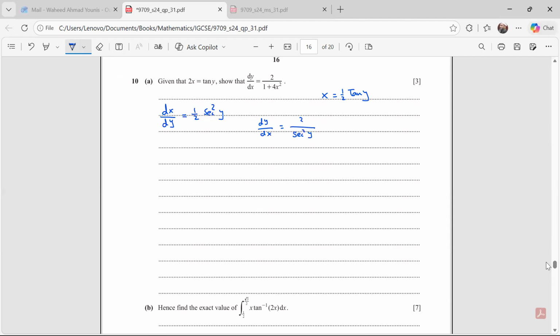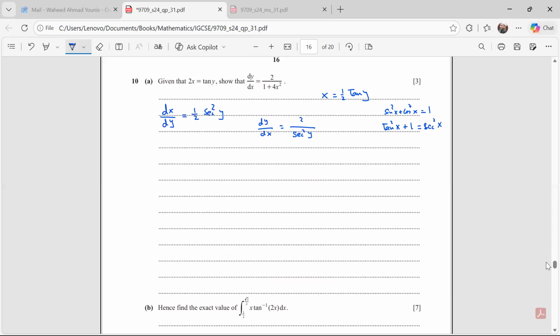But remember, sine square x plus cos square x equals 1. If I divide the whole expression by cos square x, sine over cos becomes tangent square x, plus cos over cos is 1, and 1 over cos is secant square x.